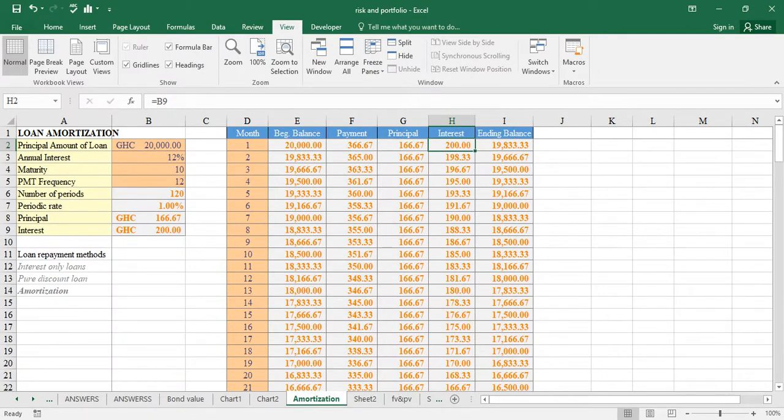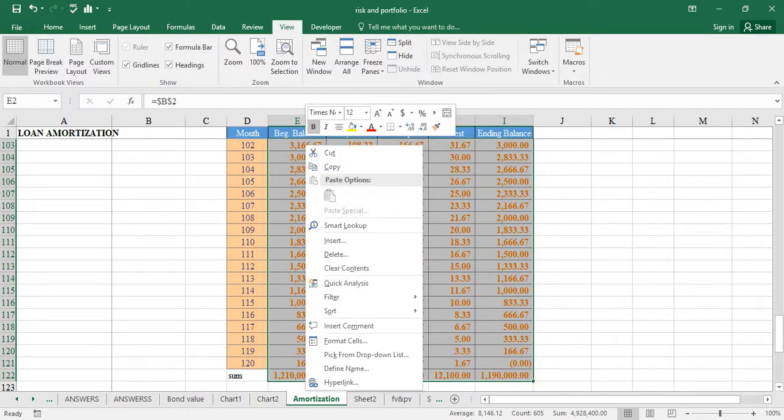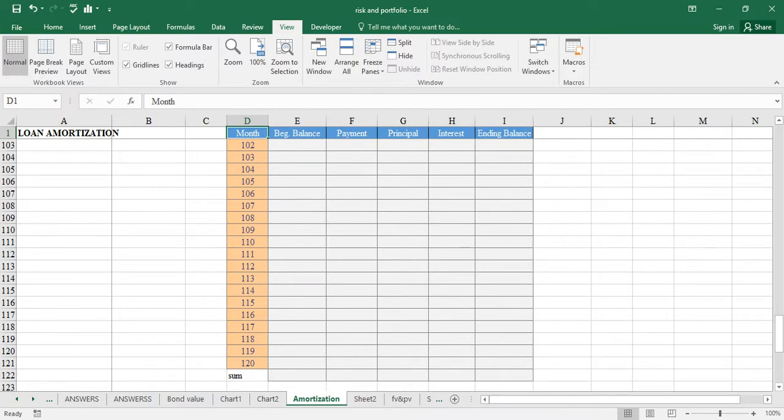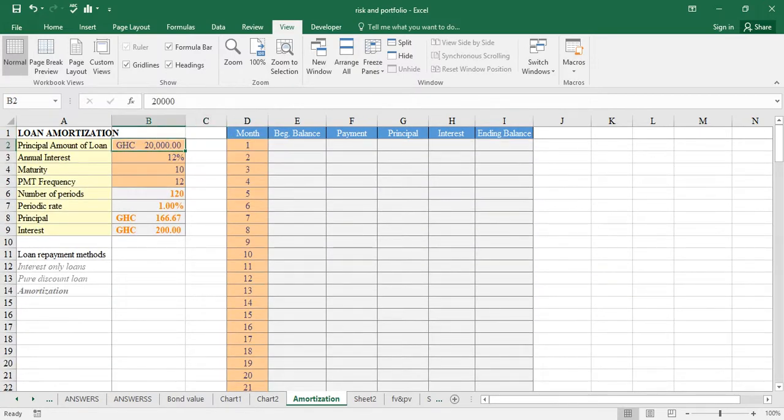The interest also declines, or keeps reducing, over time. So let's clear these calculated figures and do our own analysis. It is not so different from what we have already done. It's just the fixed and the declining. That is where you should pay particular attention. Some people refer to this method as the flat rate because the principal is fixed.